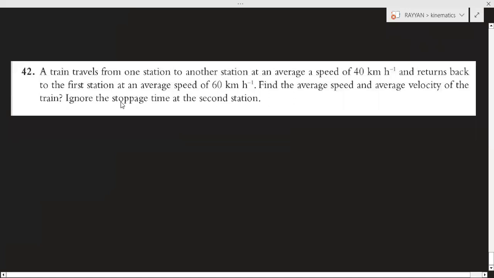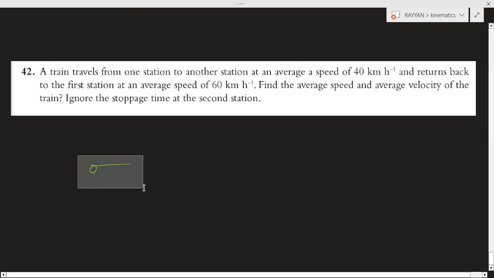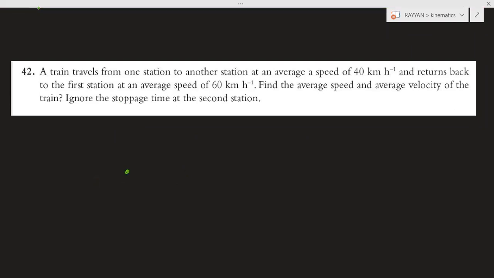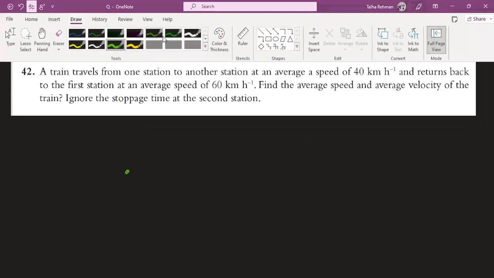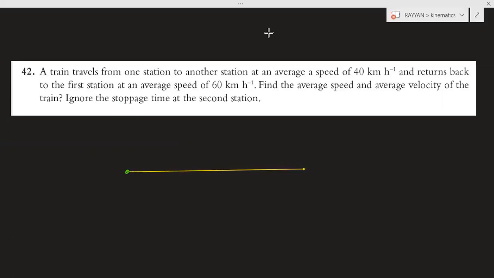Means there is a train. I'm just showing the train like this. This is a train, a point object I'm showing. This train is going like this, suppose this is station 1 and this is station number 2.